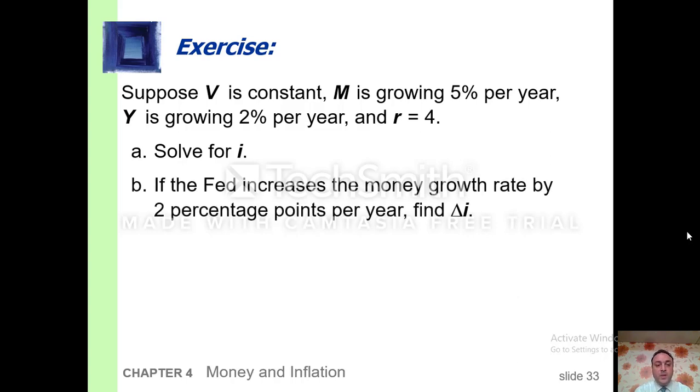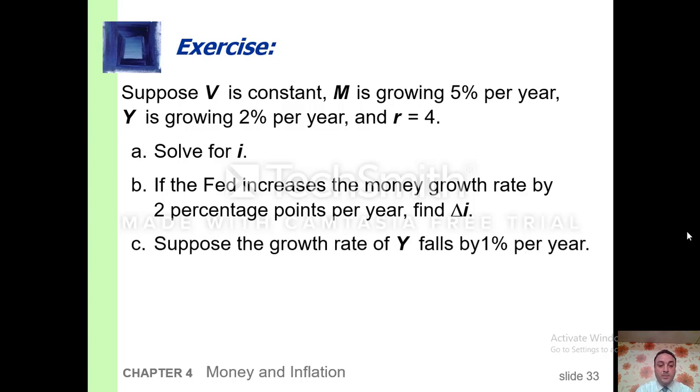Then, if the central bank increases the money growth rate by 2 percentage points per year, find the change in the nominal interest rate. What will happen to the nominal interest rate if the money supply growth increases by 2%? Then suppose the growth rate of the quantity of output falls by 1% per year.